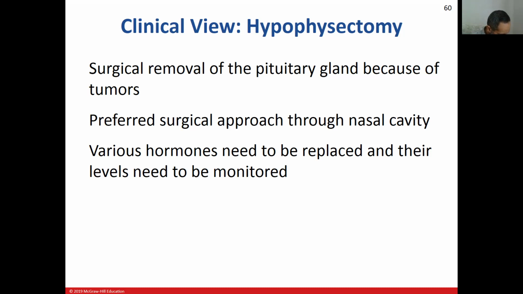Galactorrhea equals milk flow from the breast, and gynecomastia, which means female-like breast growth in a man, right? So that is gynecomastia. These were troubling him. I'm going to send out a copy of all these notes.